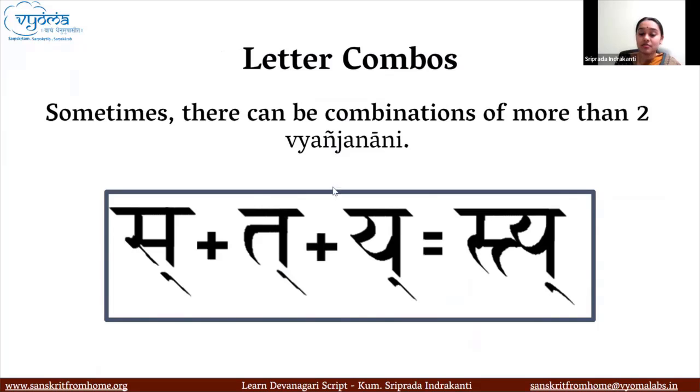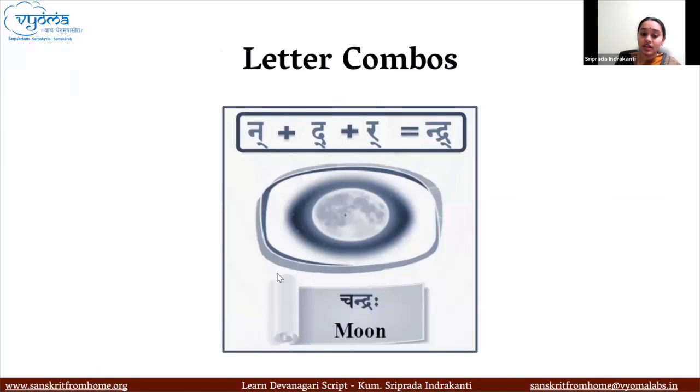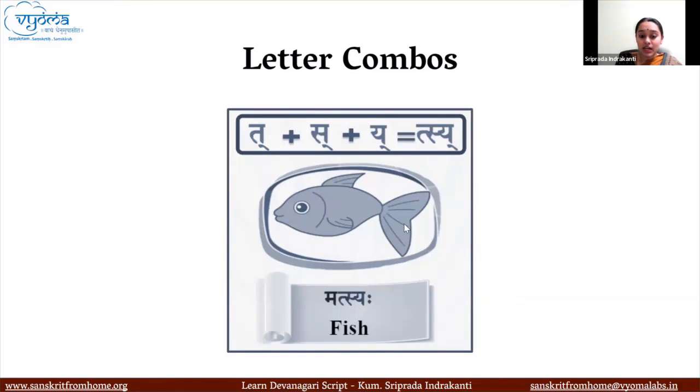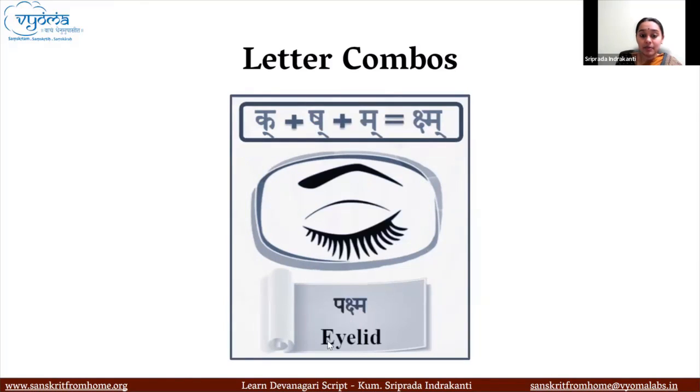There are combinations of more than two Vyanjanas. So in Chandraha, we have N, D, and R together. We learned that the R, when it comes later, it's always at the bottom. Matsyaha, like T, S, and Y, Sya. And Pakshma, so eyelid.